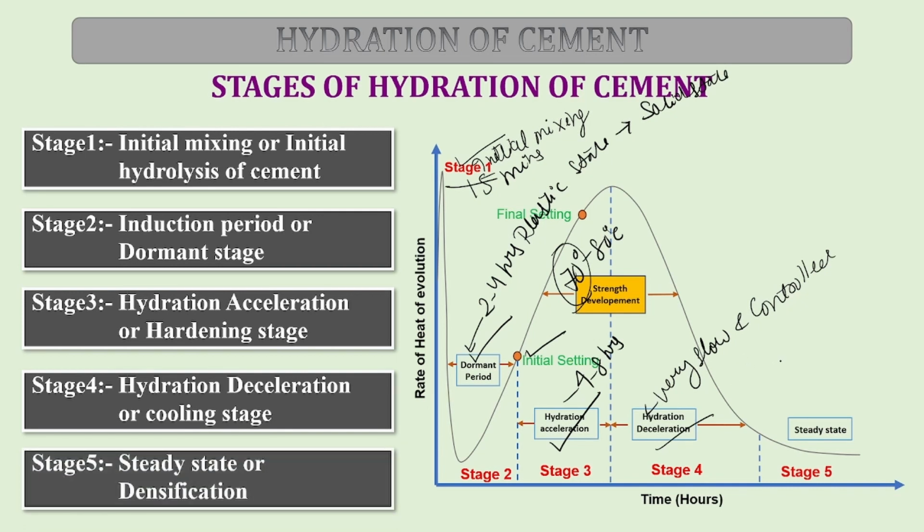Stage 5 represents the steady state. Now, this is the final stage of the hydration process of cement. Here, the process of hydrating the remaining water and cement particles has slowed down and is still occurring gradually.